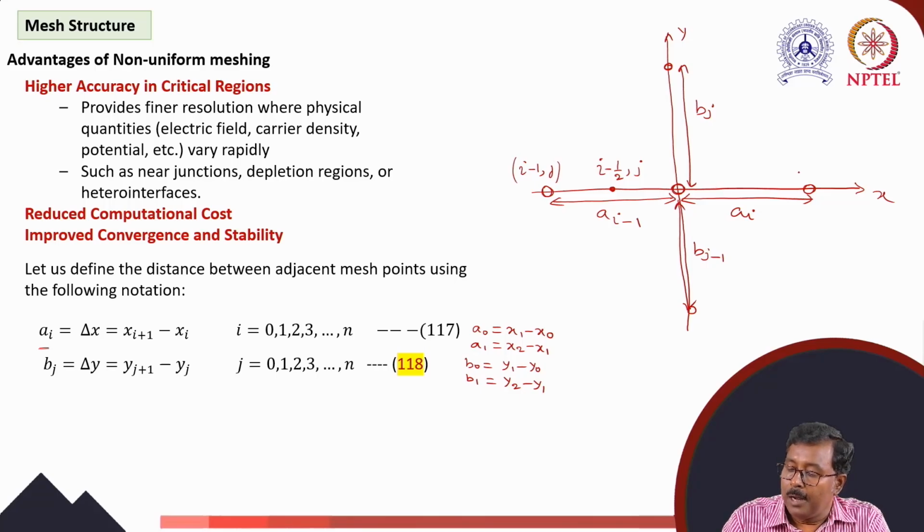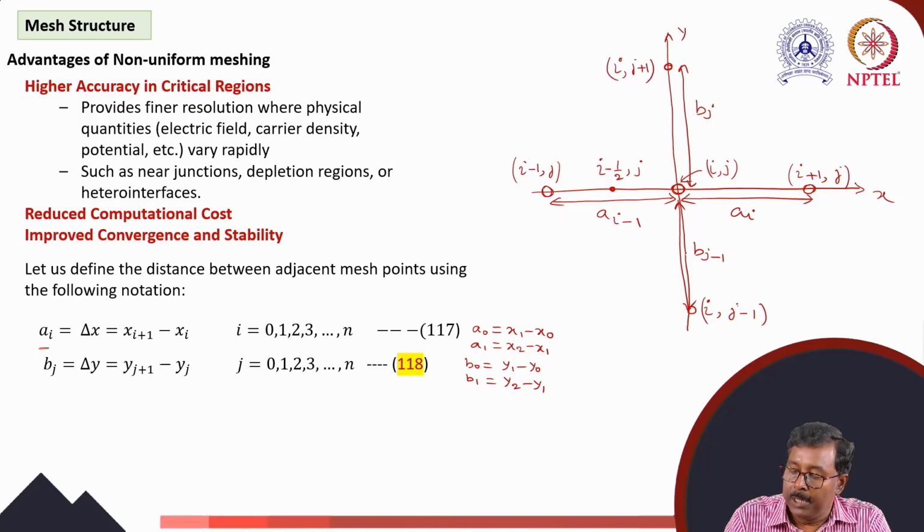and this is i minus 1 comma j, this point. This will be i plus 1 comma j. This point is i comma j, any point, and this will be i comma j plus 1. This will be i comma j minus 1.